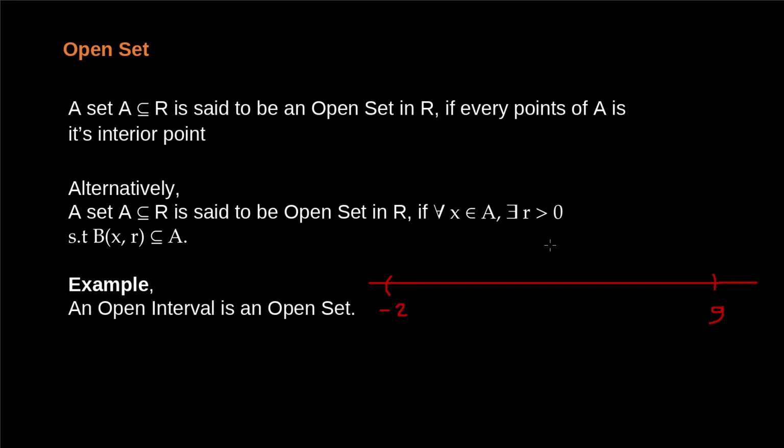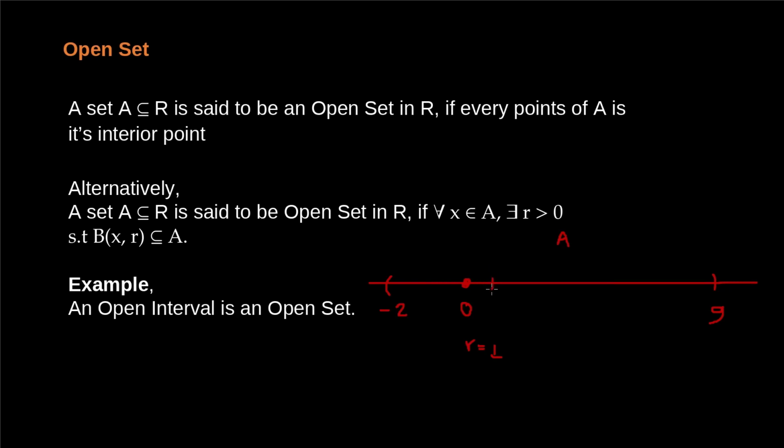So if this set is A, and if we take an element, let's say 0, which lies in this set, it's very clear that for this point 0 we can always find an open interval. We can choose any radius we like, let's say radius 1. So this ball with center 0 and radius 1 means 0 plus 1 and 0 minus 1.